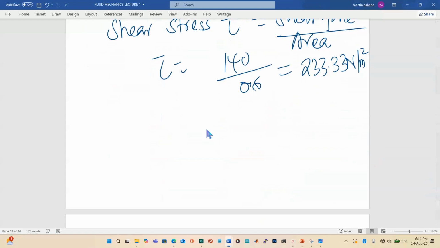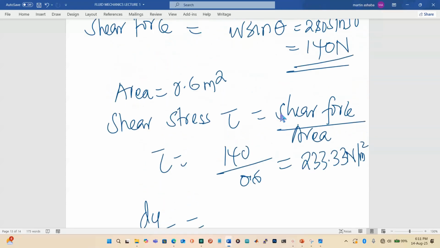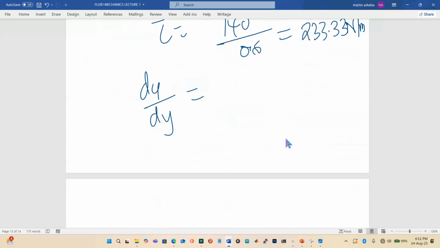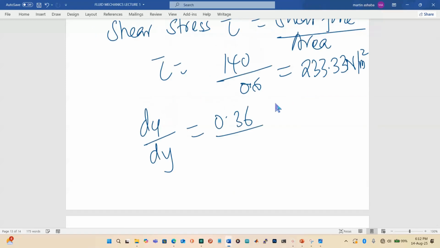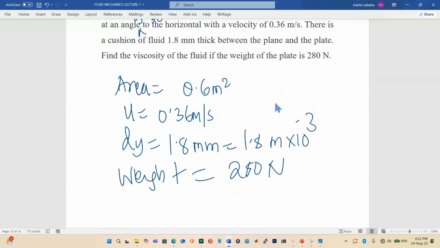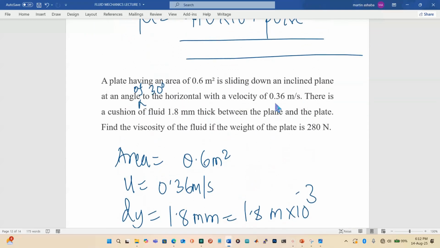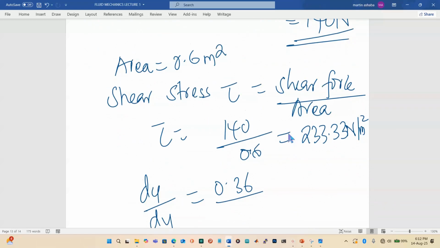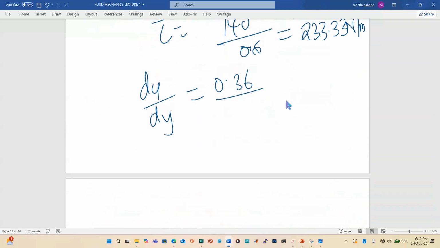So what else? We need to know du over dy. Du is known, this is 0.36, divided by dy. Dy is known as 1.8 times 10 to the power negative 3 meters.